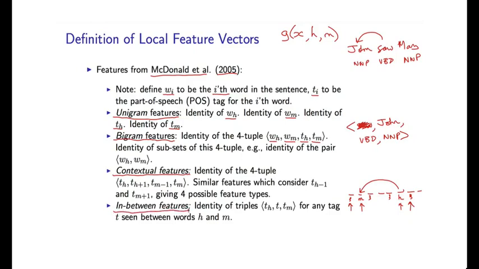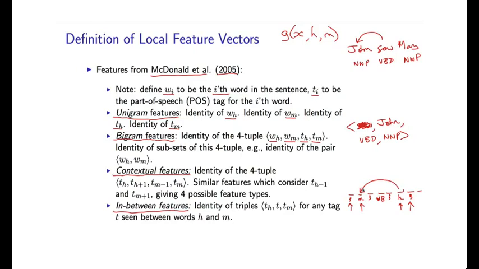Finally, an important class of feature are what are called in-between features. Statistically speaking, some parts of speech, for example a verb, cause a dependency to be relatively unlikely. So if a verb is seen between these two words, that diminishes the probability of seeing a dependency.